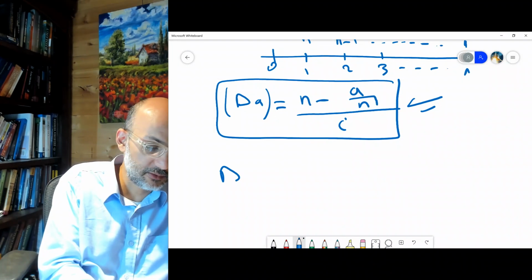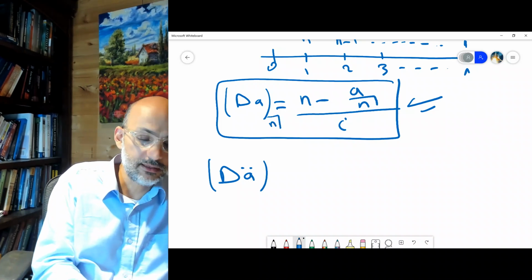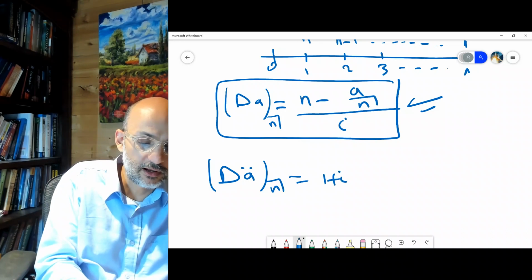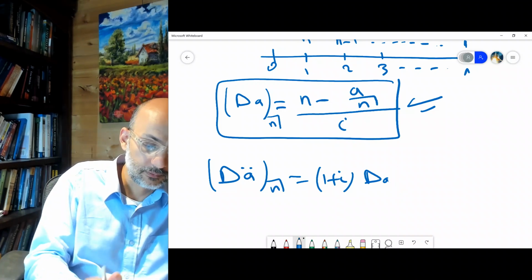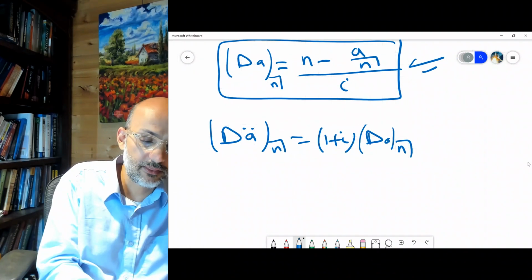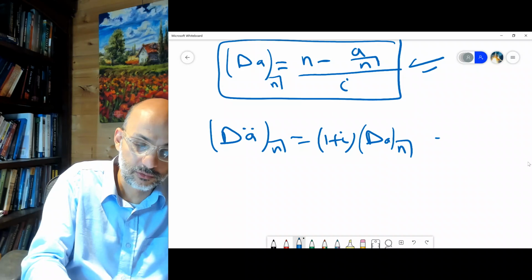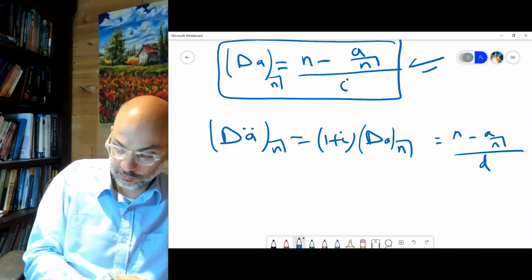So the rest, for example, ä angle n: how do we do that? It's simple. It's 1 plus i multiplied by the Da angle n. You can also replace i with d, the same logic, dividing by d instead of i. There is not much to do.